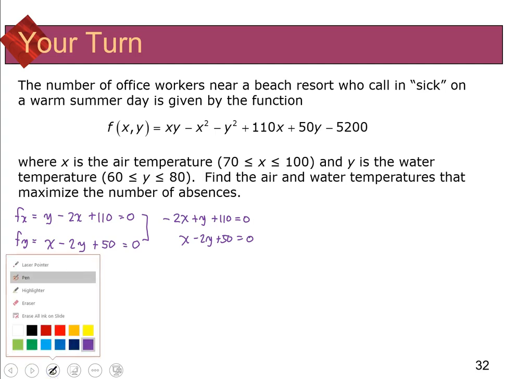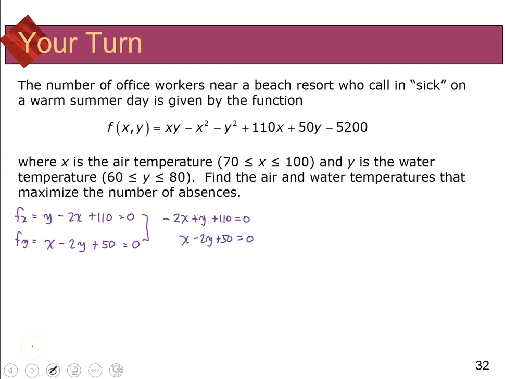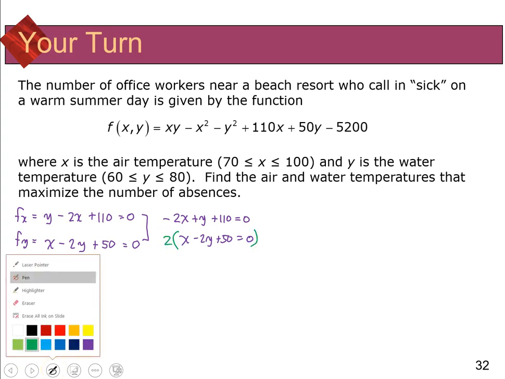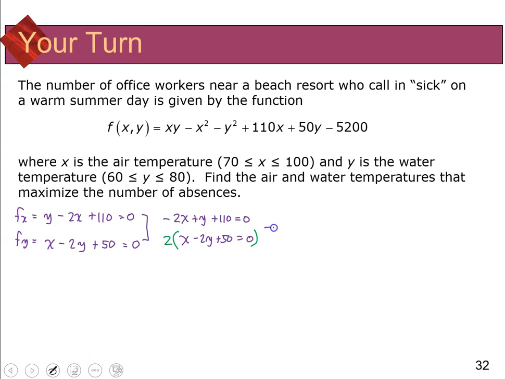I'm going to opt to multiply the bottom equation by 2, and that's going to make the x's cancel out. So the top stays the same. The bottom, I'm going to have 2x minus 4y. Make sure to multiply everything by 2. Plus 100 equals 0.